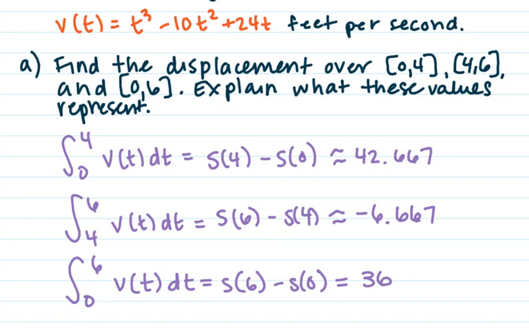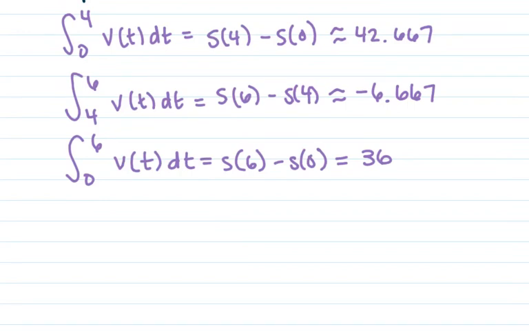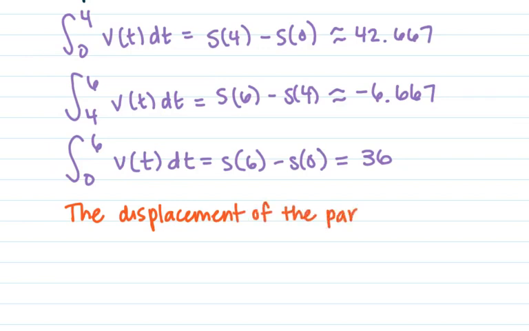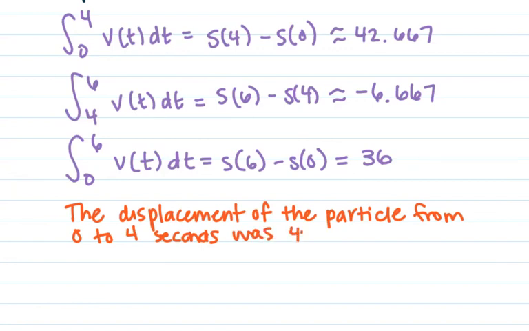Okay, so we're going to say the displacement of the particle from 0 to 4 seconds was about 42.667 feet.